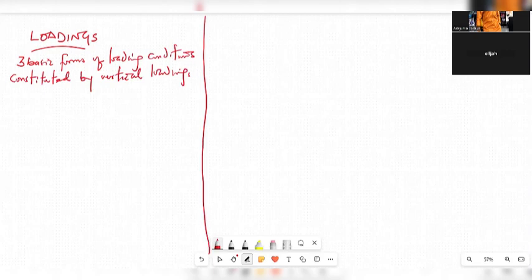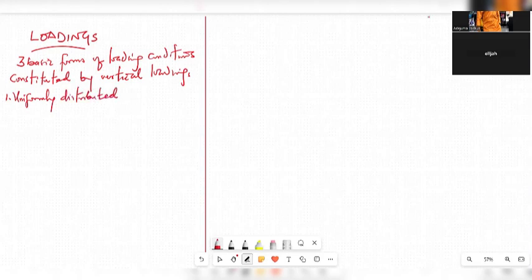All right, so the number one, the very first type or form of loading, is the uniformly distributed line load. I know you must have heard about UDL, that's uniformly distributed load, and that's exactly what is usually represented when we have a free body diagram such as this.